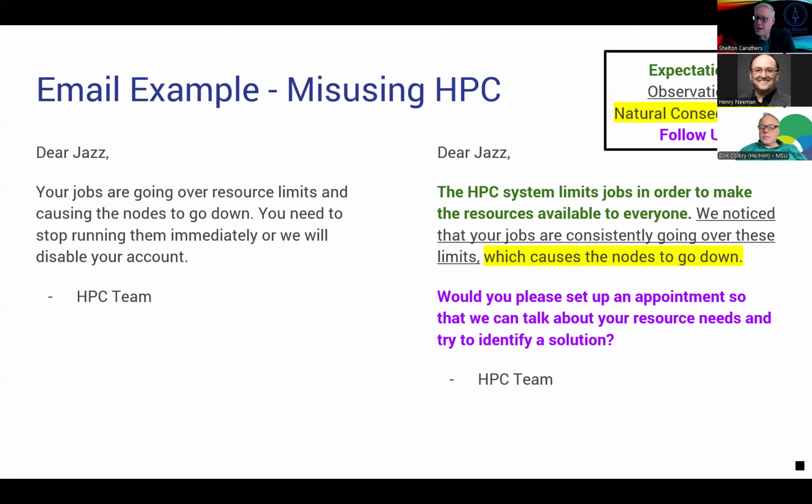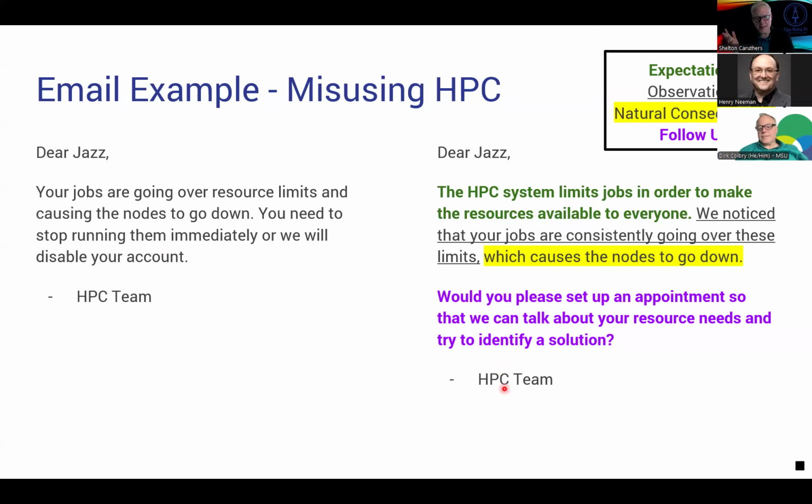So, great comment here. I hate it when they sign anonymously instead of signing with the name. It makes it seem like they're hiding behind HPC team and feels impersonal. I agree. Again, these are just short examples. So if we'd signed it Bob, maybe nobody would have known it was coming from the HPC team. But you're right. It's much better to be more personal when communicating directly with Jazz.